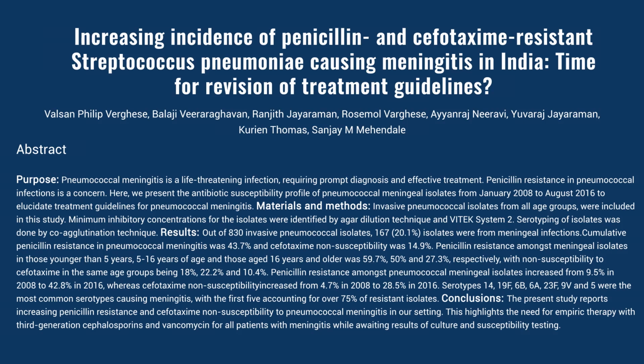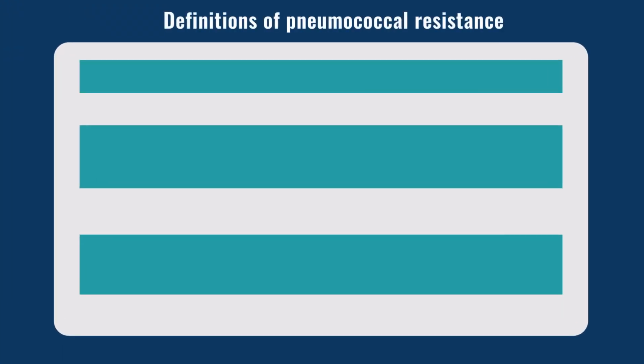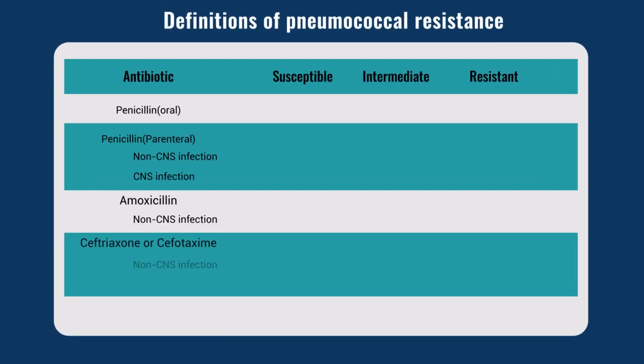It is also important to appreciate that the definition of sensitive versus resistant depends upon where this pneumococcus is isolated from. If it's a CSF isolate, then note that the cutoff for sensitive is actually much lower. It's 0.06. On the other hand, if it's a systemic isolate, then the cutoff is much higher, and it also depends on whether you're using oral or parenteral antibiotics.